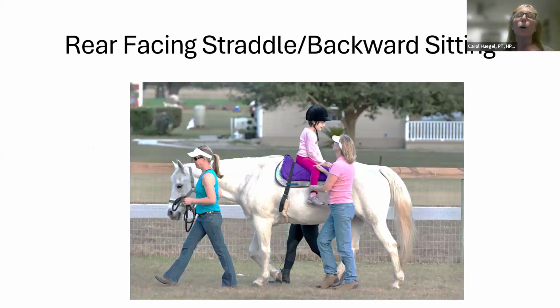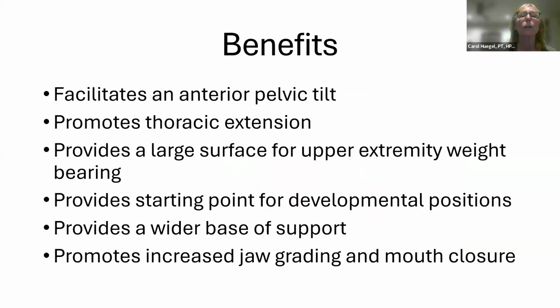All right, so probably the most common next position, other than forward facing straddle sitting, is rear facing straddle sitting. And there's a lot of things we need to take into consideration with regards to this position. Because of the slope of the withers into the back, this is going to facilitate an anterior pelvic tilt.